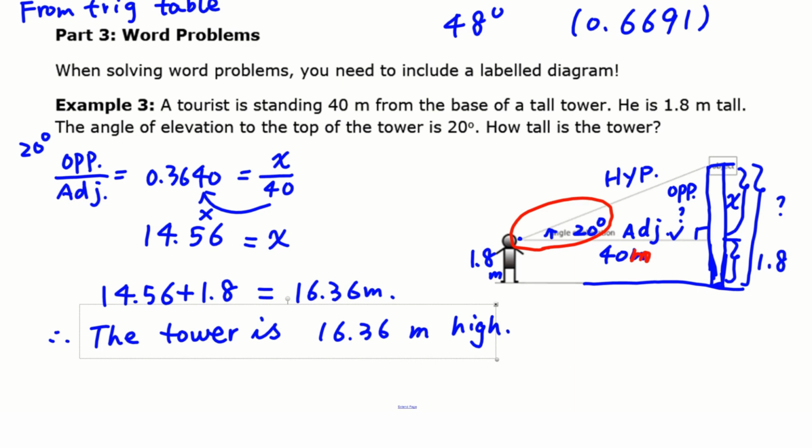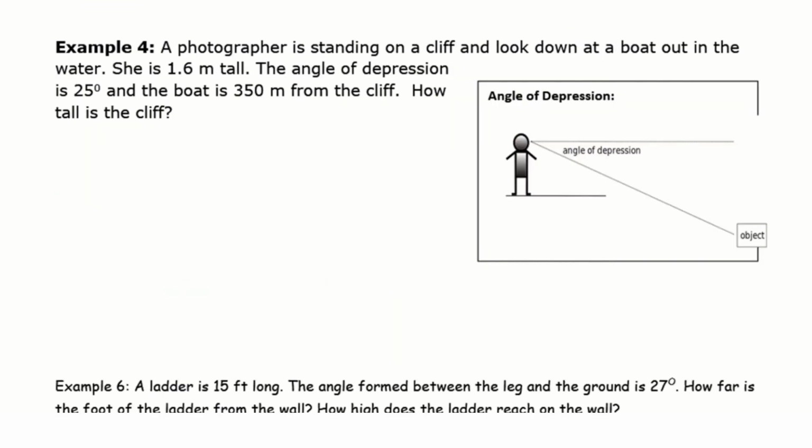Then the next one is a photographer standing on a cliff and looking down at a boat out in the water. She is 1.6 meters tall. And the angle of depression is from horizontal look down.